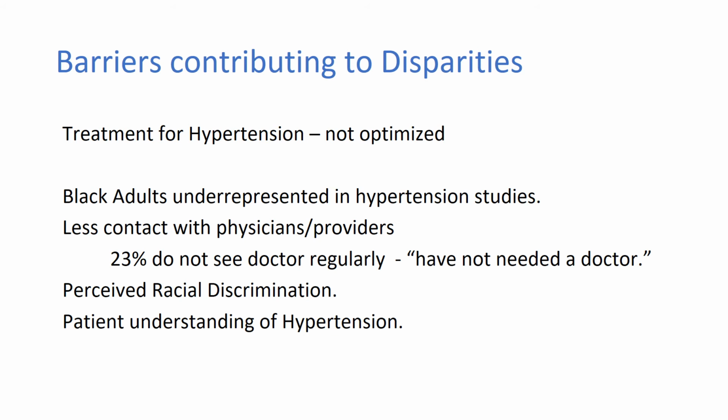Other issues for not seeing providers include perceived racial discrimination. And then specific to hypertension, it's been shown that patient understanding of hypertension and the clinical outcomes aren't necessarily aligned, and so there may be an undervaluing of how serious hypertension can be.